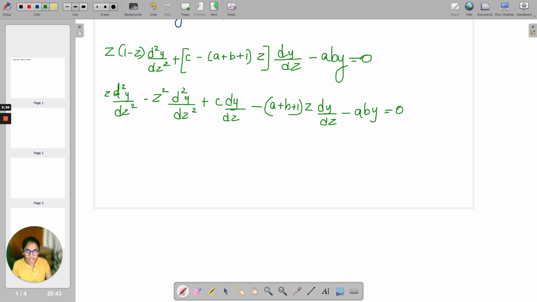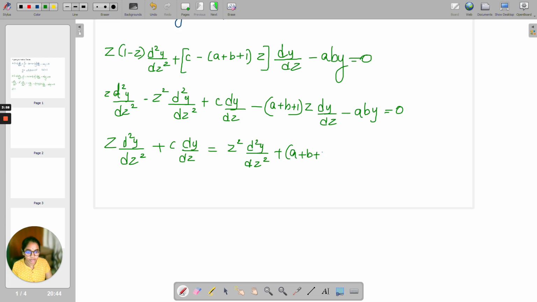Now let me keep all the positive terms in the LHS and send all the negative terms to the RHS. That is z d square y by dz square plus c into dy by dz is equal to z square d square y by dz square plus a plus b plus 1 into z dy by dz plus a b y.